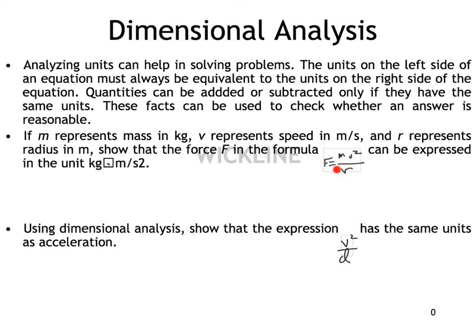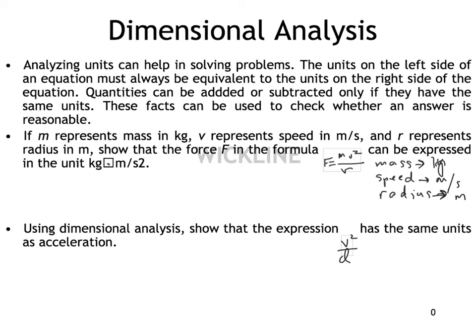I'm just going to start filling in the variables that represent those quantities. Okay, so I went ahead and I indicated that mass is in kilograms, speed is in meters per second, and radius is in meters, and I'm going to plug those in now.